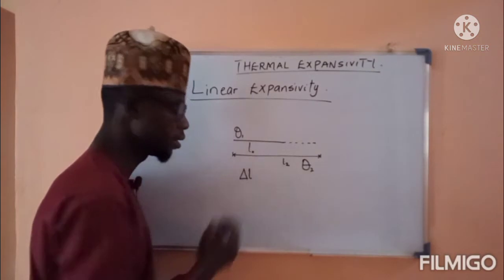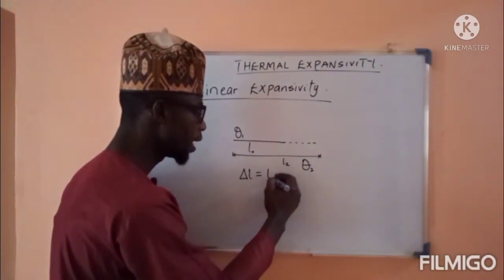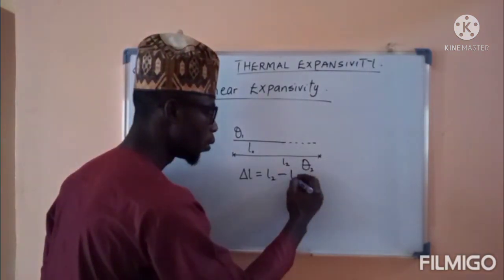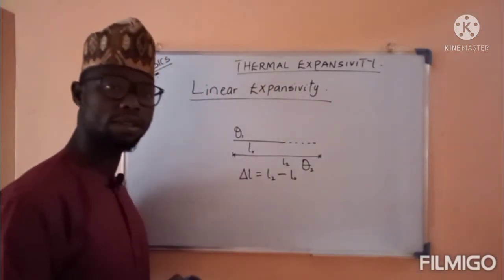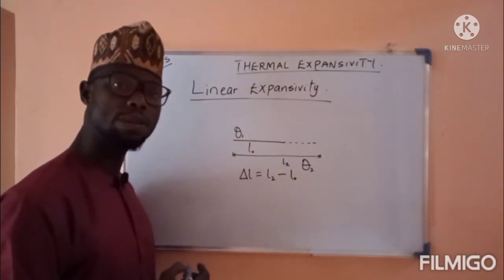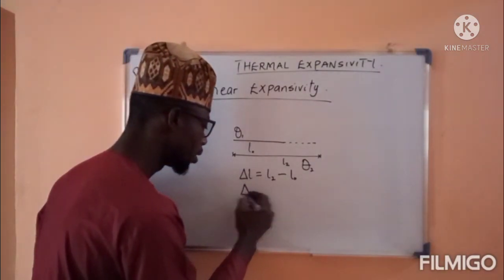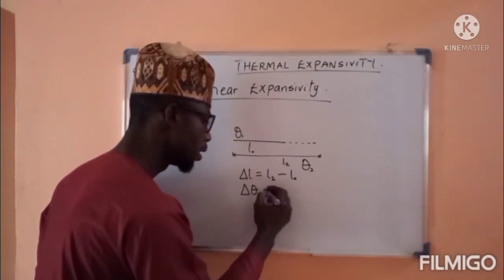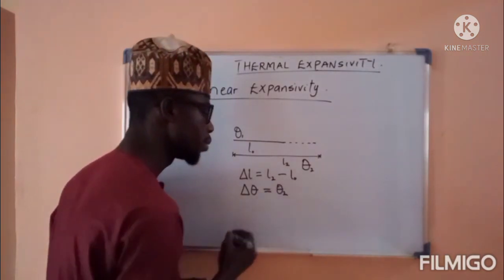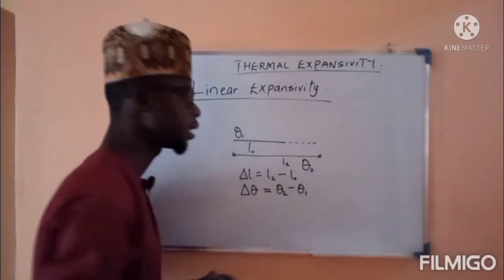Change in length is going to be the final length L2 minus the original length L0. And there's going to be a change in temperature as well. So change in temperature, delta theta, is equal to theta 2, the final temperature, minus theta 1, the initial temperature.